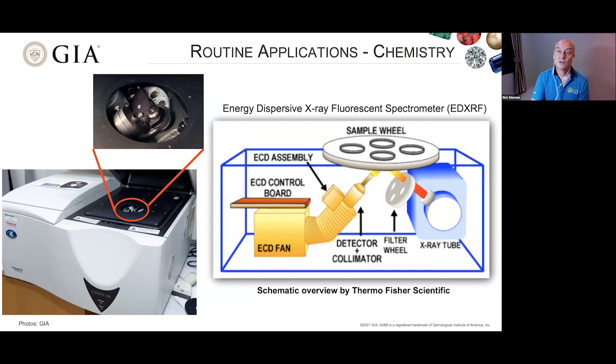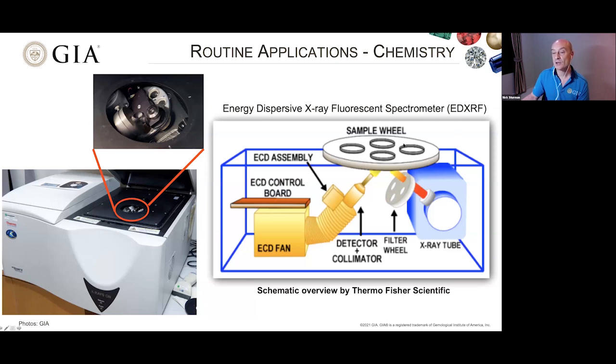And moving on to the applications in the lab, of course, I'm sure that many of you know that EDXRF is found in virtually every lab in the world, I would say. And it's very useful for analyzing the chemistry of many different materials. And here we just have a cross-section or a schematic diagram of an EDXRF machine.